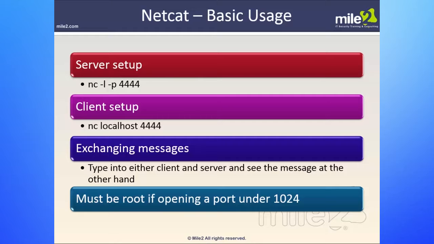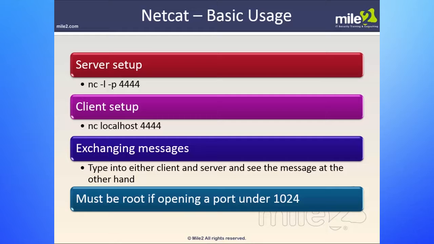So if we wanted to create a backdoor on those machines, we put Netcat in listening mode. In this case we just put a -l in there, and then a -p with the port number that we want, in this case 4444. Then on the client setup, we can use Netcat, or we can even use Telnet as you saw in the video, and we put in whatever the localhost or IP address is, then the port number 4444.